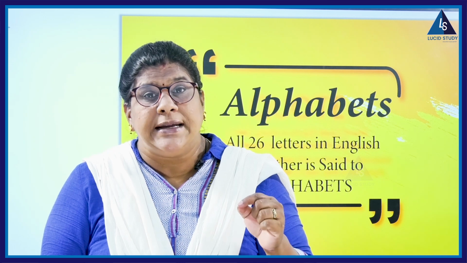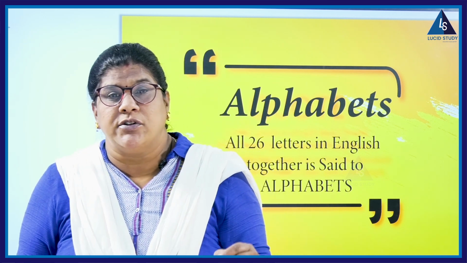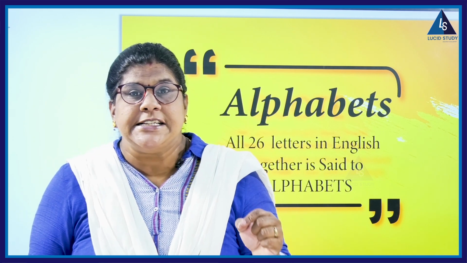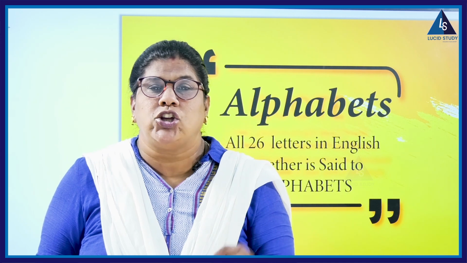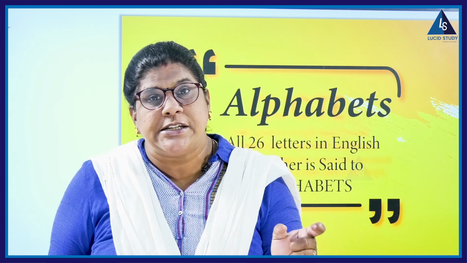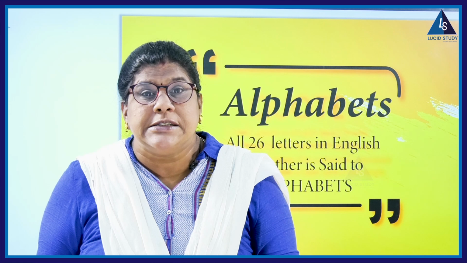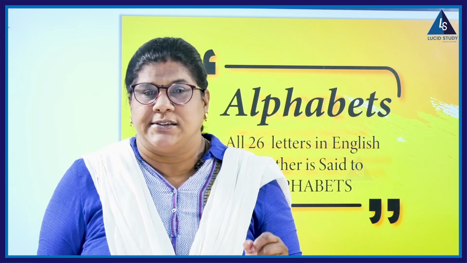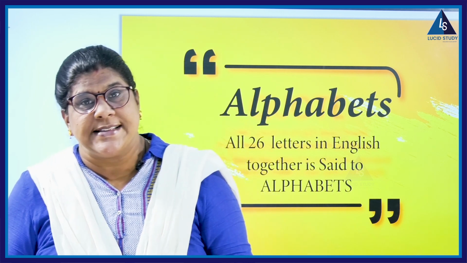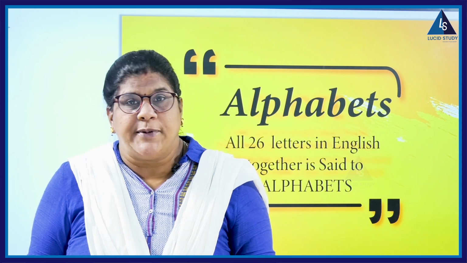Though the spelling of the word letters is letters, when you pronounce it, the double T will give the sound of a short D. So it's letters. 26 letters, when put together, they are called alphabets.